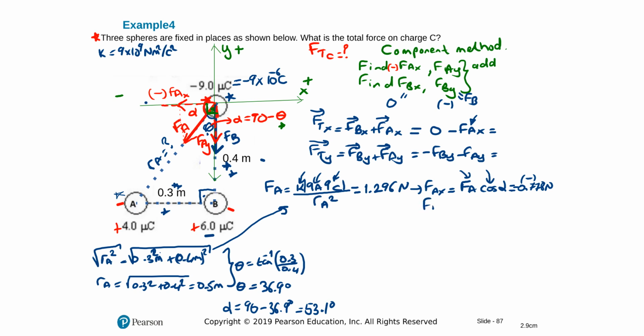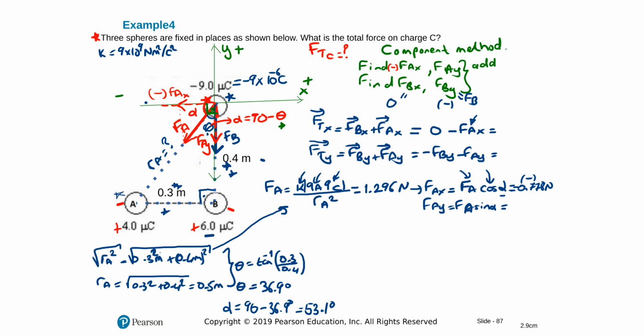FAY. It's FA sine alpha. Again, let's remember this. Alpha is always the angle with x-axis, and we usually use a smaller angle. We go with geometry to define the directions and calculate the components as FAX, FA cosine alpha, and FAY, FA sine alpha.